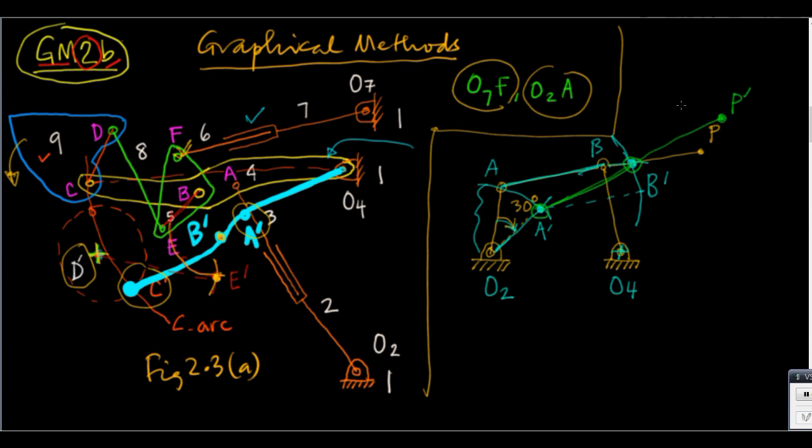How do I solve the reverse problem, the inverse problem? So for example, I may say, what is the rotation of the input link so that P reaches this point here, P double prime? Okay, now there's a problem. This is a single degree of freedom system.